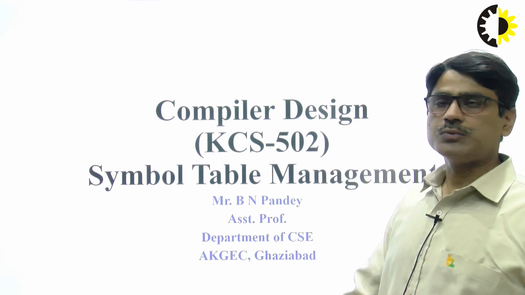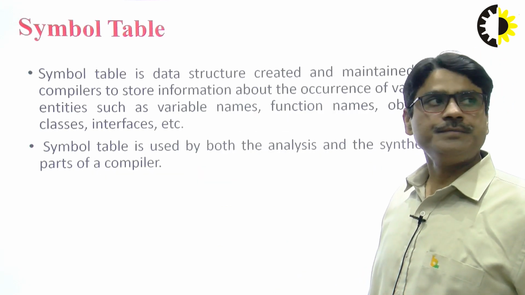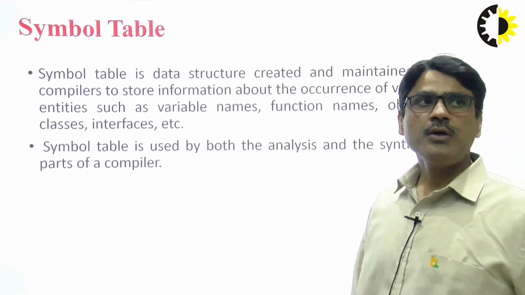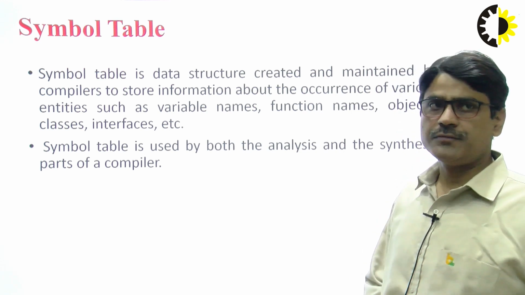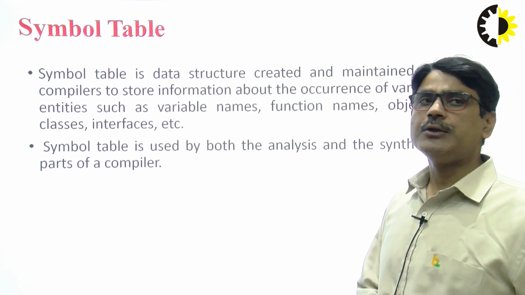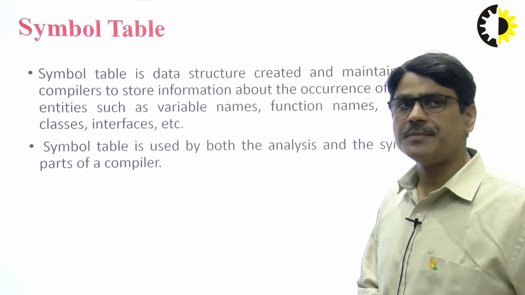So now I am going to discuss it. If we are talking about the symbol table, what is a symbol table? A symbol table is a data structure. Why a data structure? When you want to store data in structured form, you definitely require some data structure.